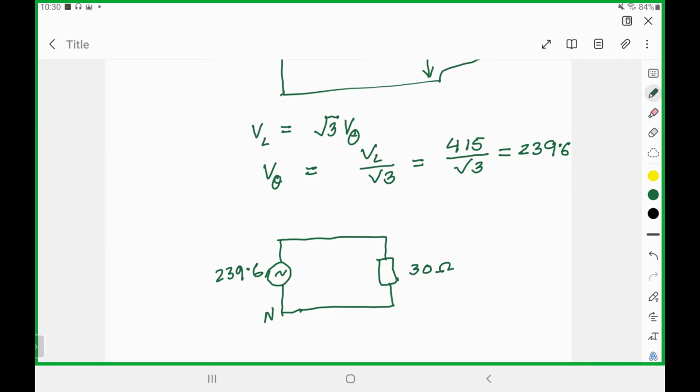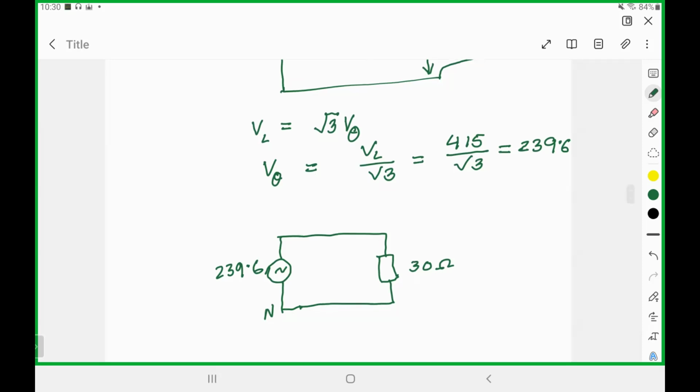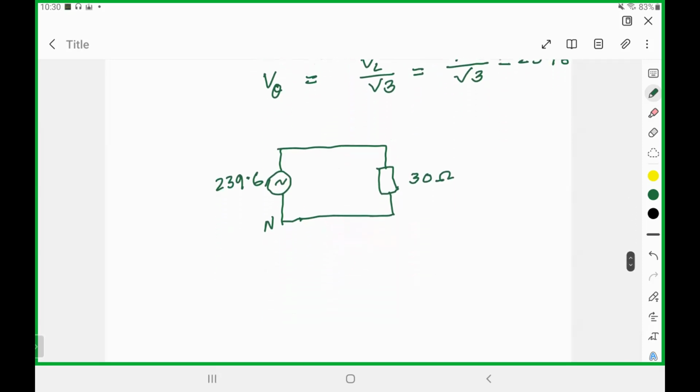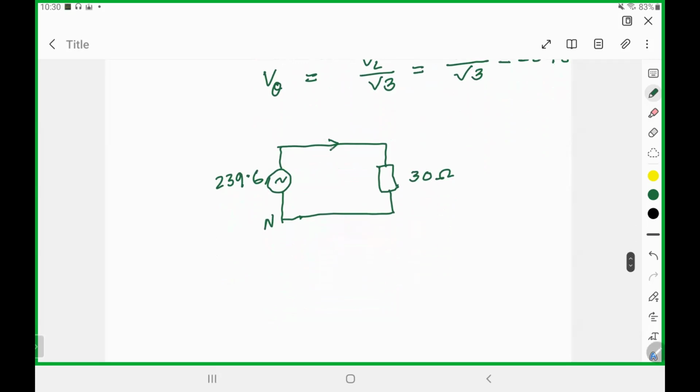And from this single phase, we can calculate all the values, and we can also draw the phasor quantities from here, because we know the angle difference. Okay, so we can find out from here. The rest of the thing is easy, right? Can you find out the current? So this I can call my current, and this can be the phase current.